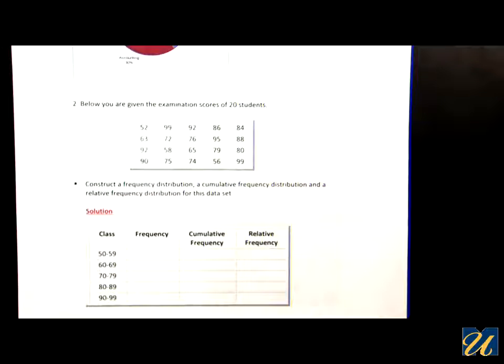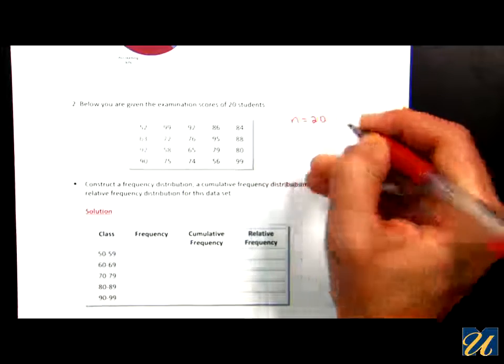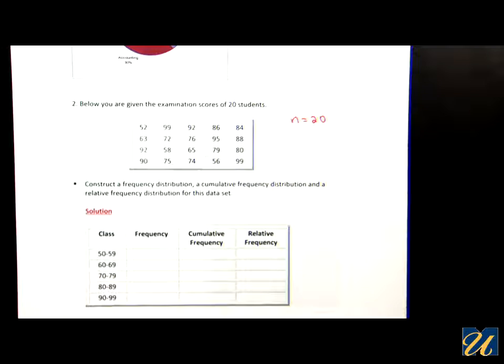For the next problem, below you are given the examination scores of 20 students. That means that N is equal to 20. You want to construct a frequency distribution, a cumulative frequency distribution, and a relative frequency distribution for this data set.